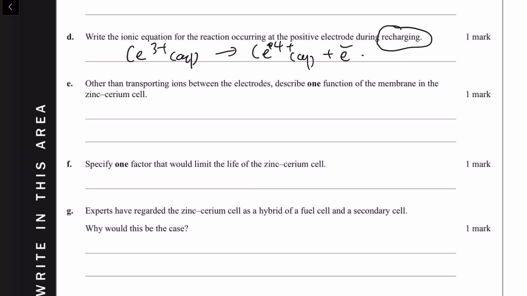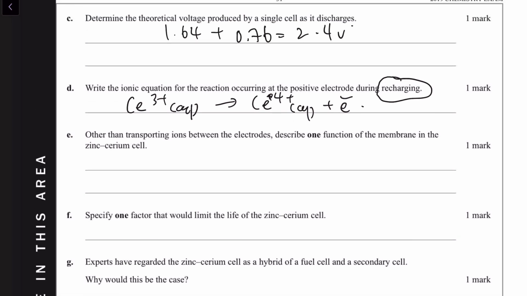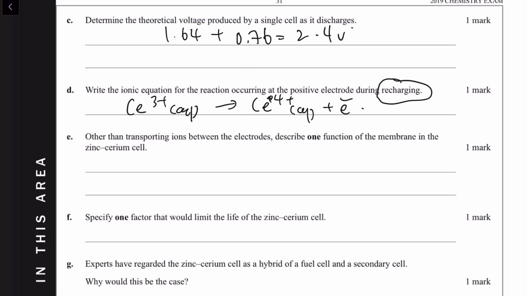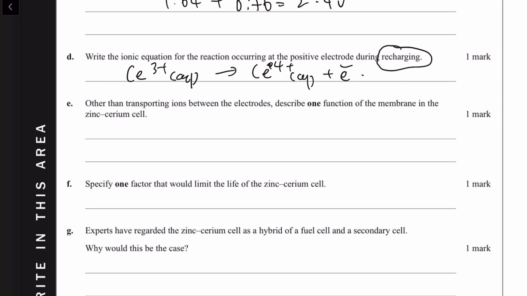Question E. Other than transporting ions between the electrodes, describe one function of the membrane in the zinc cerium cell. So remember that when we are doing recharge, we do not want the products to come into contact with each other. So one function of the membrane, I have also discussed this in the previous video on the application of electrolytic cell, the first example of the production of chlorine gas, hydrogen gas, and sodium hydroxide.